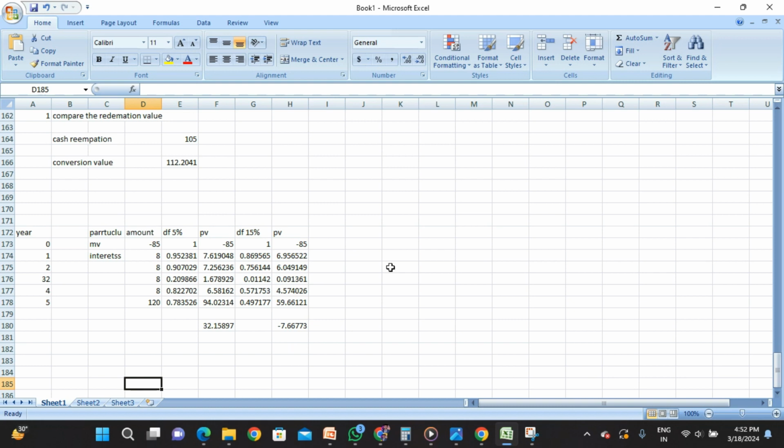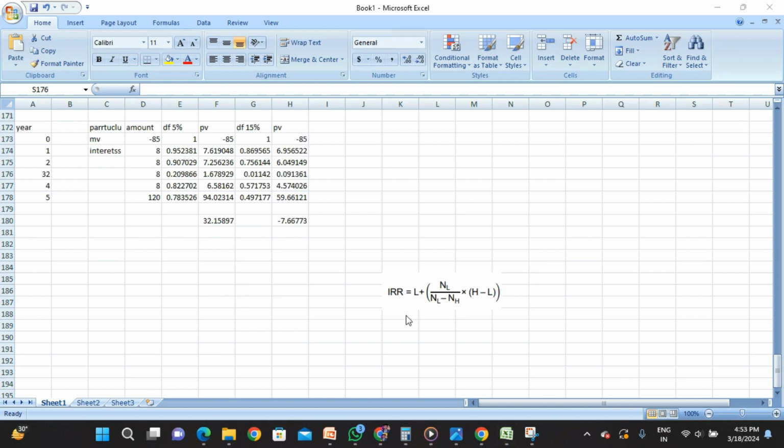Now we have to calculate the IRR. The formula for IRR equals lower rate plus bracket NPV at lower divided by NPV at lower minus NPV at higher, into bracket higher rate minus the lower rate, bracket close. So we do the same here.